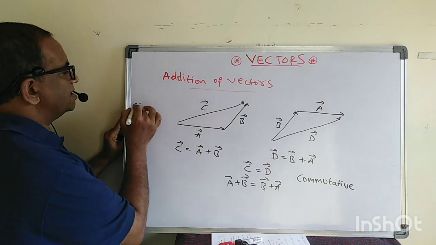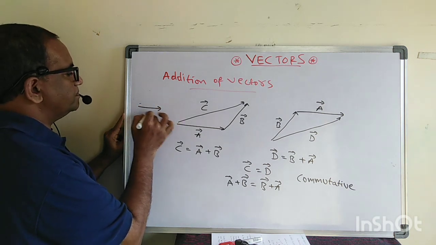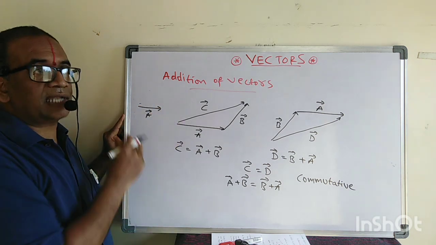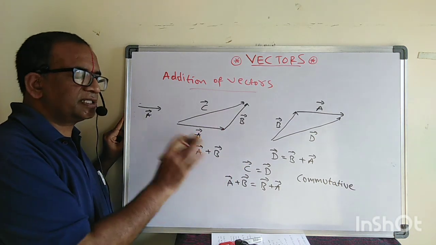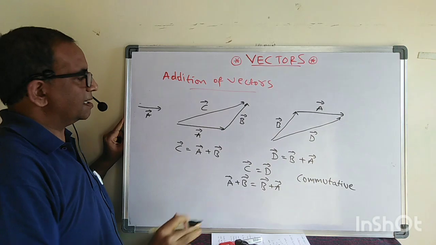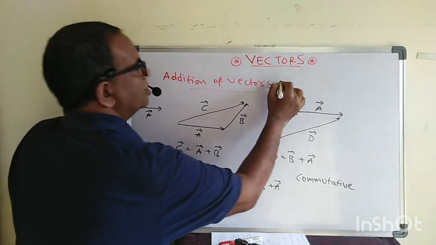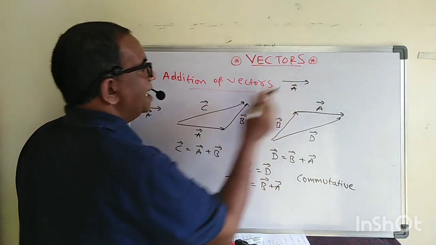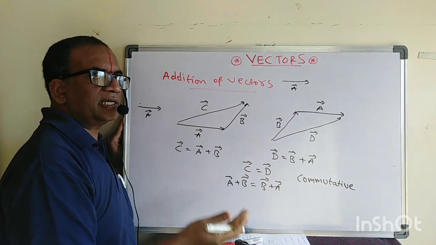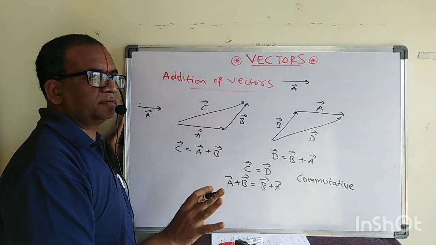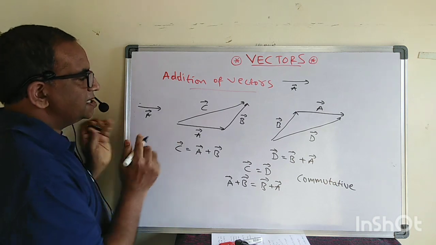Suppose I have a vector A here, I can slide this vector anywhere I like, in the same direction. That is the sliding of a vector. The sliding of a vector doesn't change its magnitude. Okay, so this is the addition of vectors.